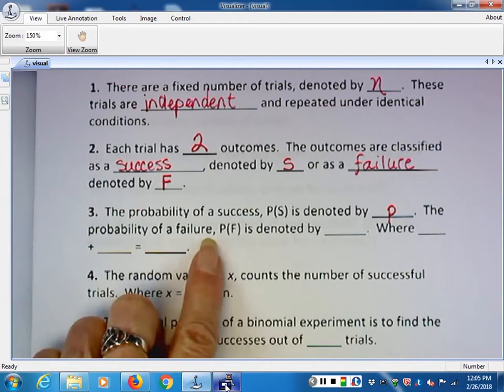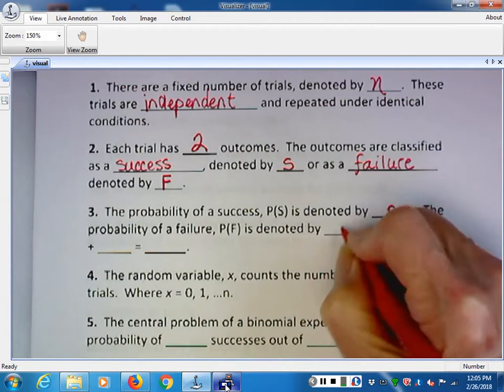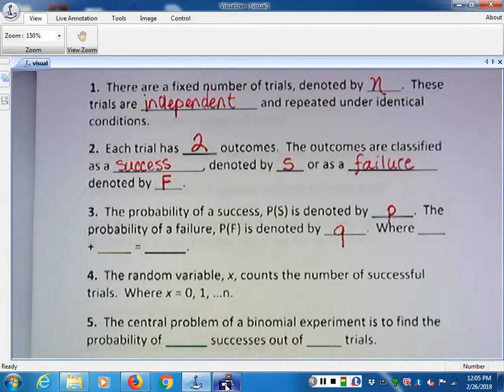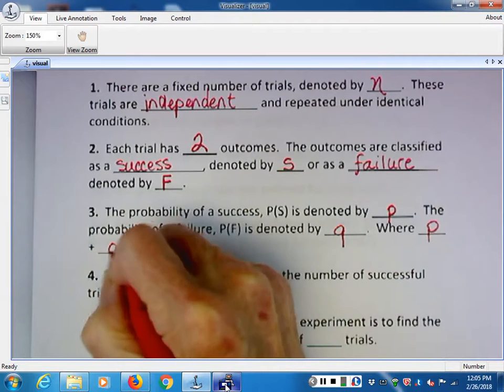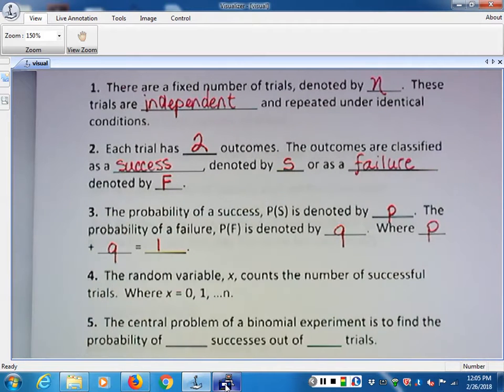The probability of a failure is given the symbol lowercase q, and p plus q is going to equal 1, because either you succeed or you fail. Nothing else can happen. Either the pea pod was green or it wasn't. Okay?